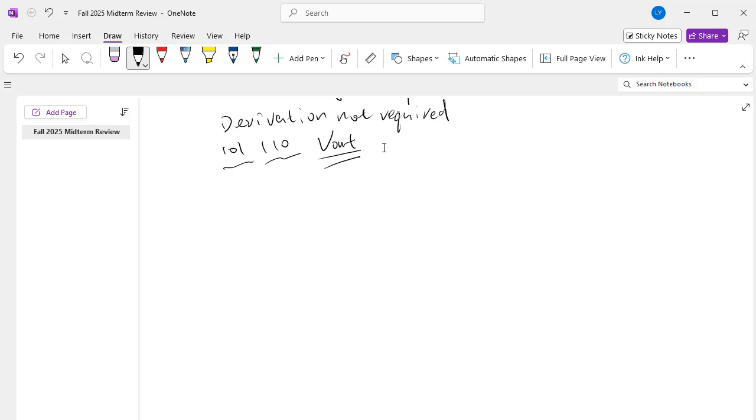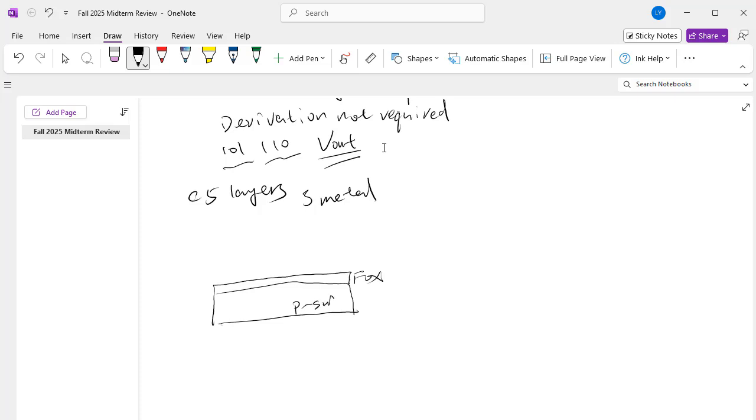And next, the things we have learned are the C5 layers. There are 3 metal layers. From the very bottom, you have the P sub, then the one next to it is the Fox, then poly, and metal 1, metal 2, and metal 3.